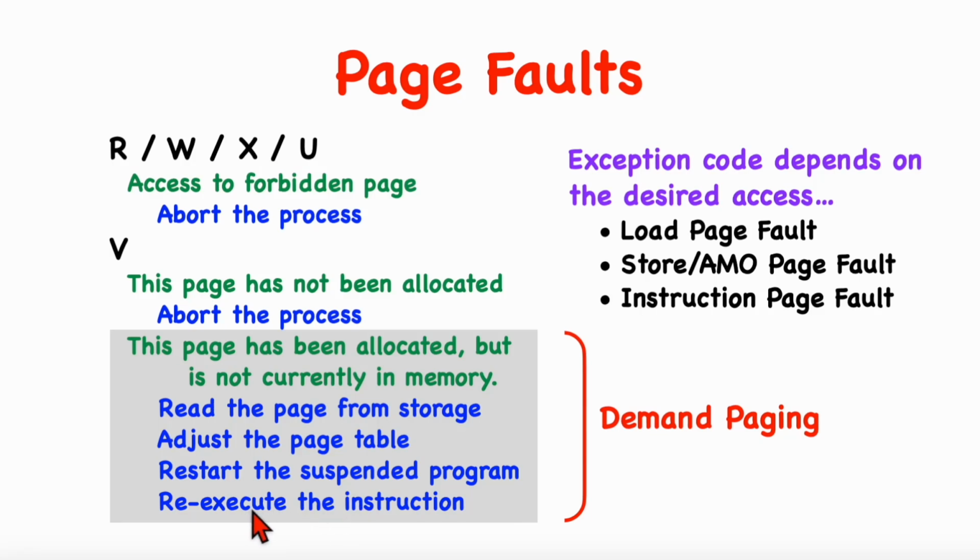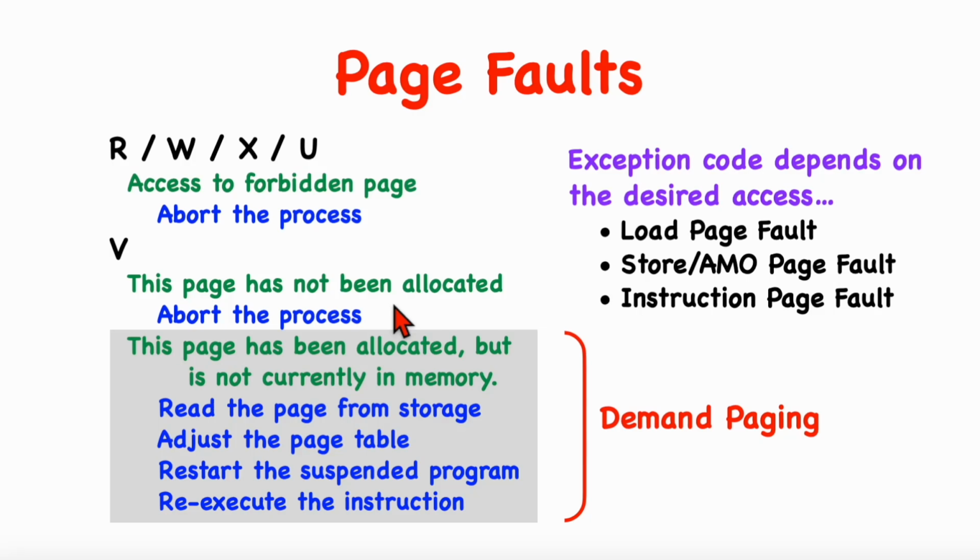It will be executed again, and this time, however, the valid bit would be set to 1, and so the instruction would work fine. So you can see that the valid bit really has 2 functions. First, it's used to flag pages that are simply unmapped and not allocated in the virtual address space. Accessing these pages will get your program aborted.